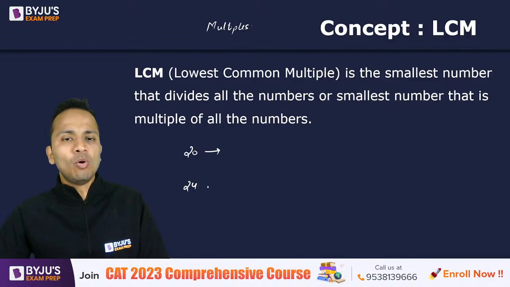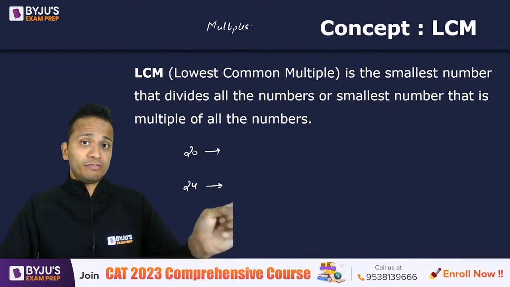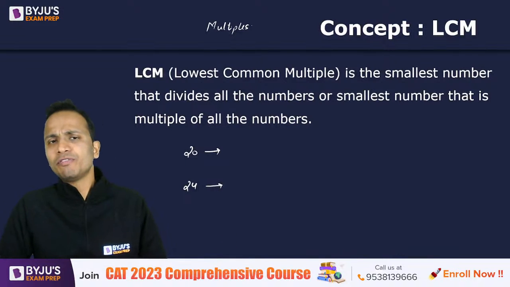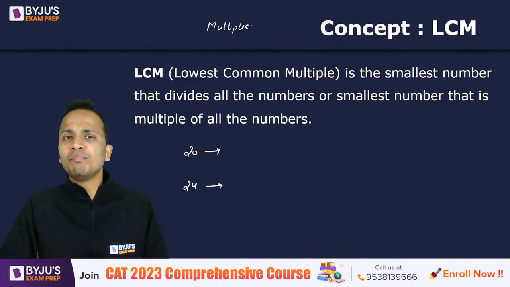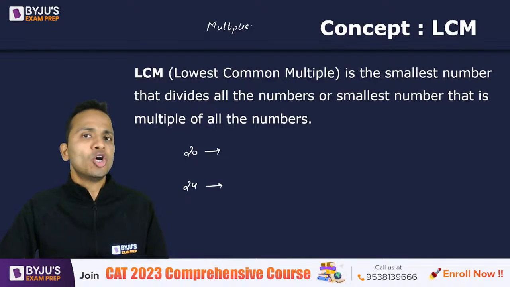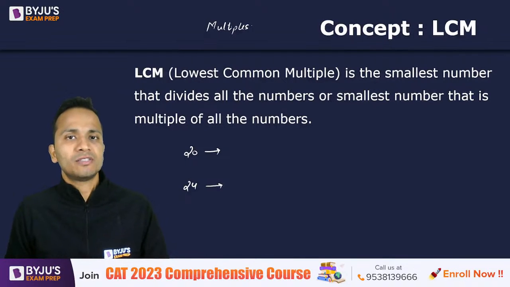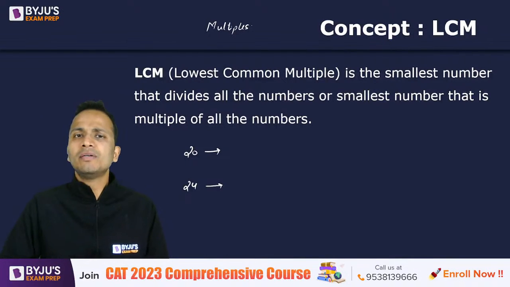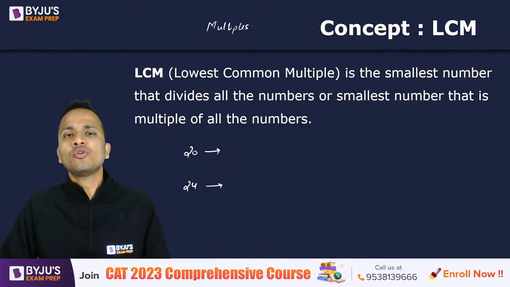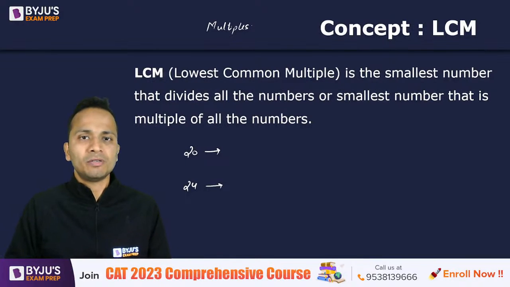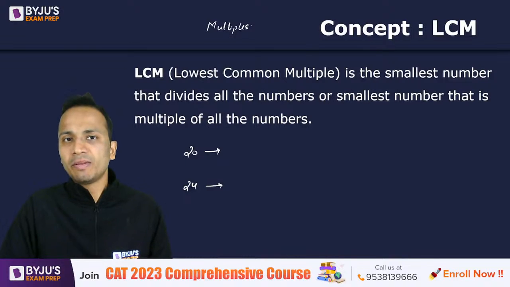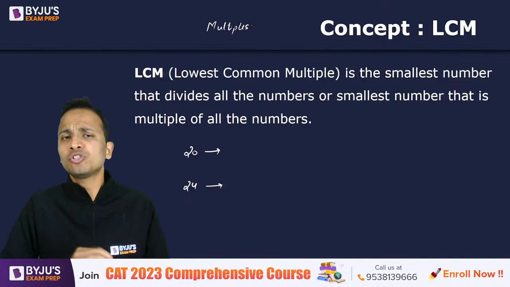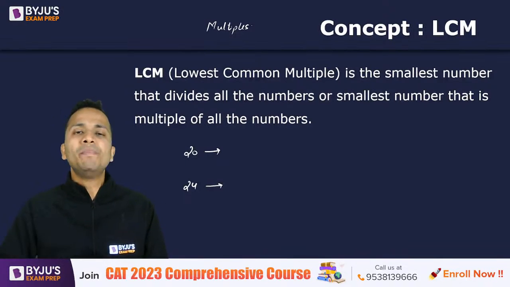Now, one thing about the factors which we have done previously: any number will have a limited, or finite, number of factors. So you can write all the factors of a number. But this is not the case with multiples. The number of multiples of any number will be infinite.